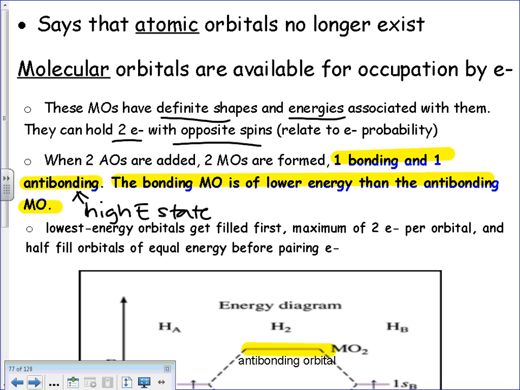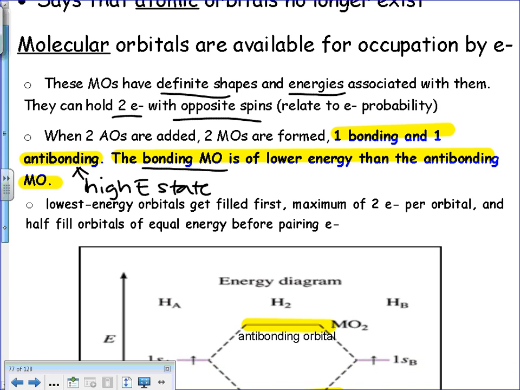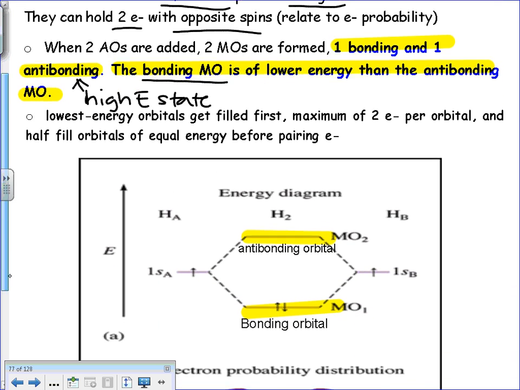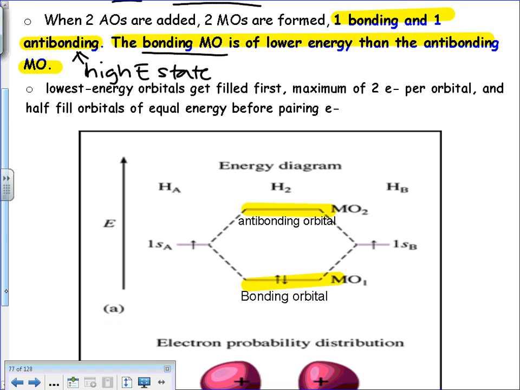The bonding orbital is the one that's of lower energy, and if there are more electrons in the bonding orbitals, then the molecule will exist in that diatomic state. If there's a lack of bonding electrons compared to the anti-bonding ones, the molecule is of a high energy state, meaning it's unstable, and therefore the molecule would not form favorably.